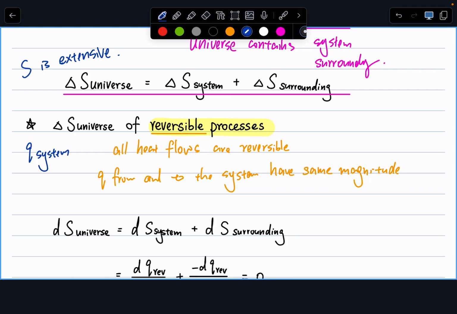And at the same time, in my isolated system, the system is only interacting with the surrounding, right? So because they have the same magnitude, my Q surrounding equals negative of Q system for reversible processes only.